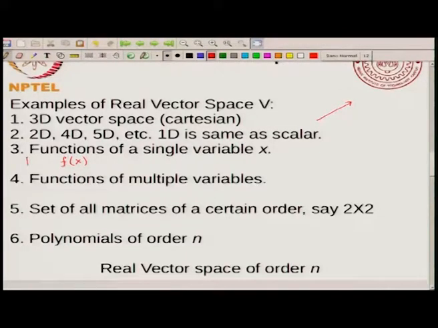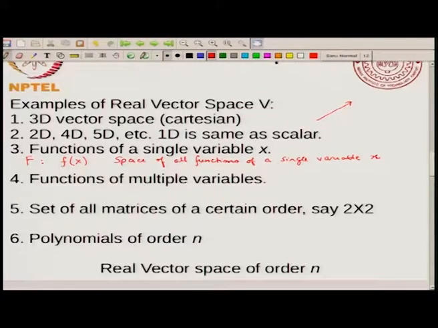So F is the space of all functions f of x of a single variable x. So you imagine that you take any function of a single variable, that is a member of this space F.